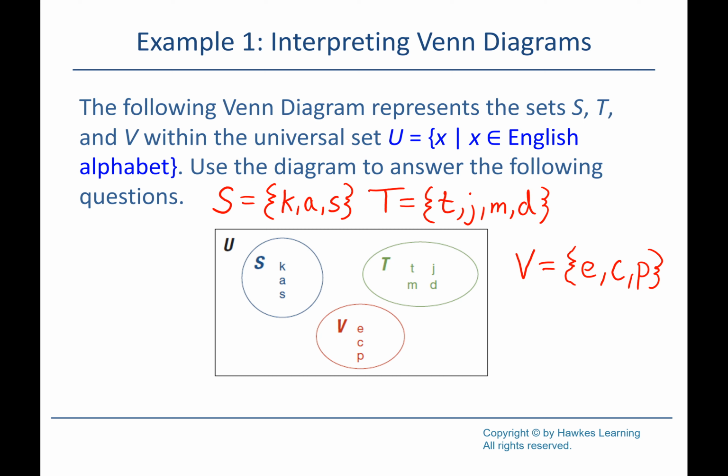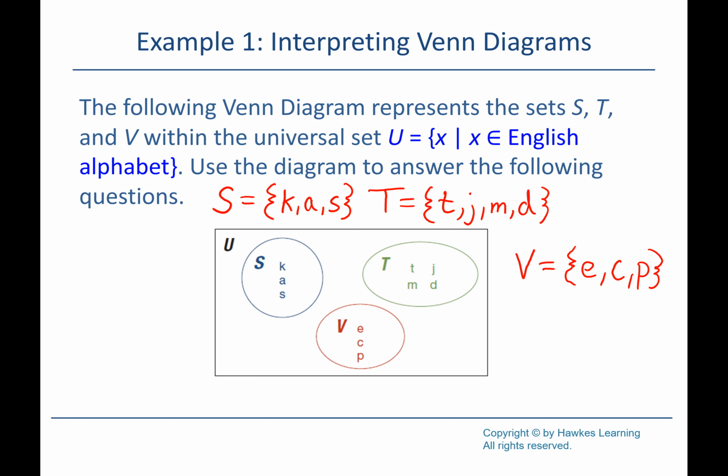So our universe would just be all the letters in the English alphabet. Good question, a reminder on that. You can usually tell what your universal set is from looking at what the actual sets look like. We usually don't get too tricky in here.